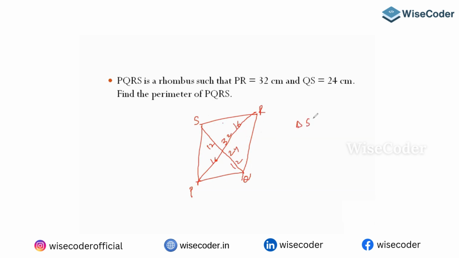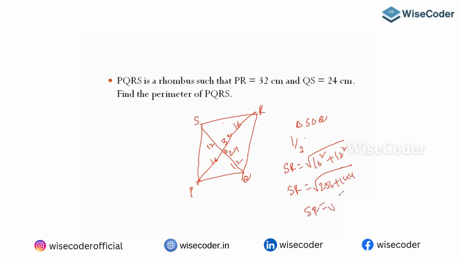Let's make a triangle SOR, where this is O. This is a right angle triangle at O. So SR is equal to the square root of 16 squared plus 12 squared. 16 squared is 256, 12 squared is 144.